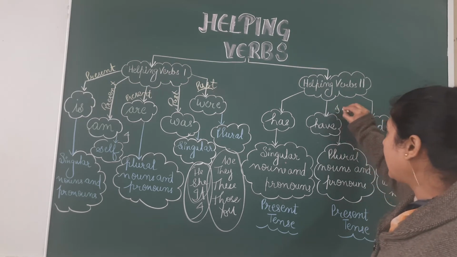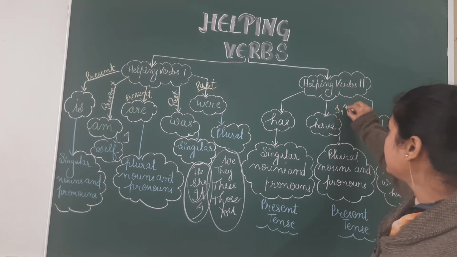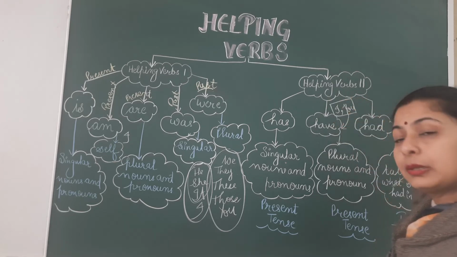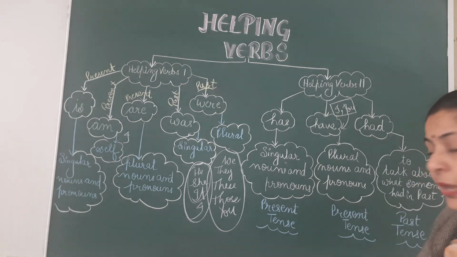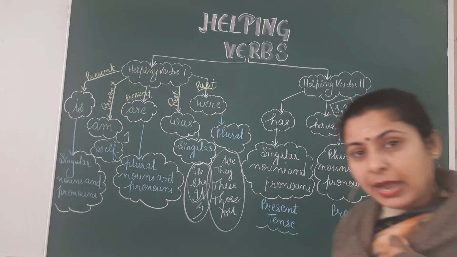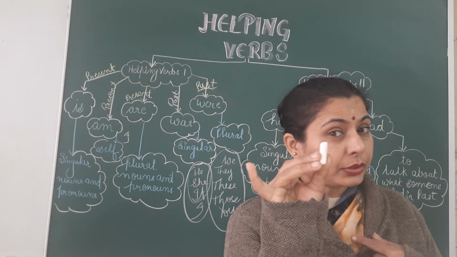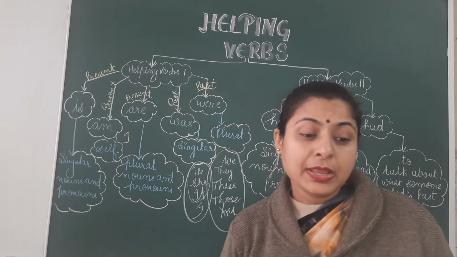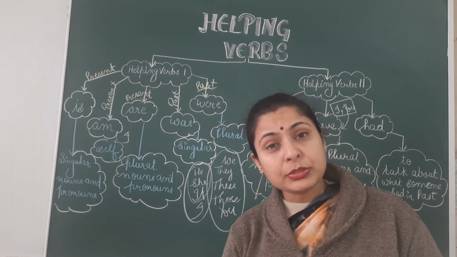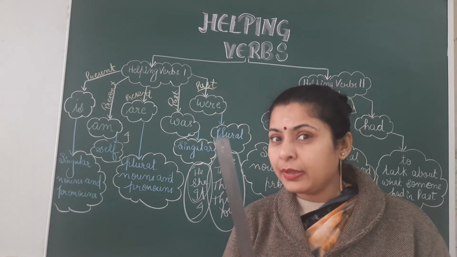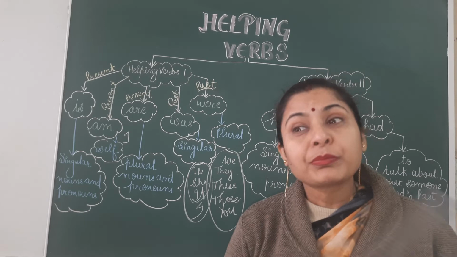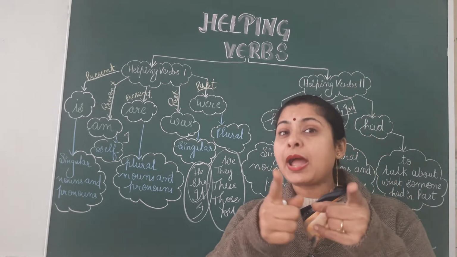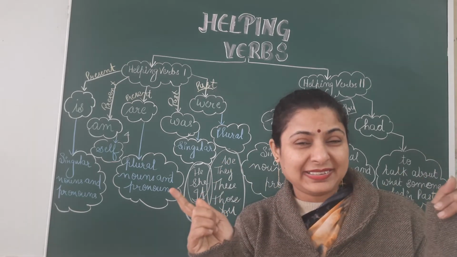Clear? For example, I have a chalk. I have a scale. Now, suppose someone is standing with me, we have a scale. We have many flowers. You have beautiful mind.